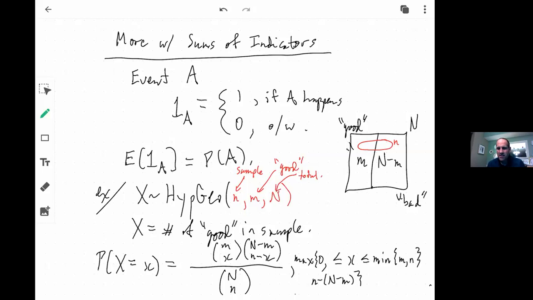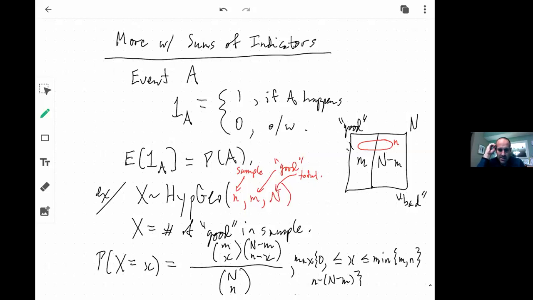That's automatically taken care of anyways by those binomial coefficients upstairs. For instance, if I ever let x get bigger than m, then m choose x would just be 0.